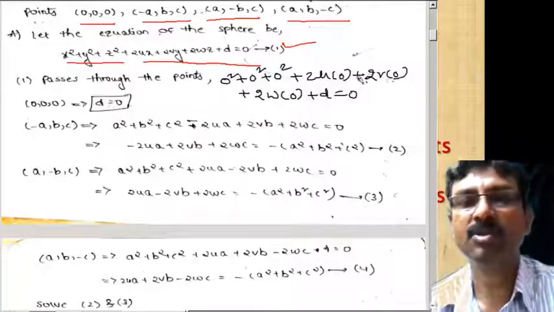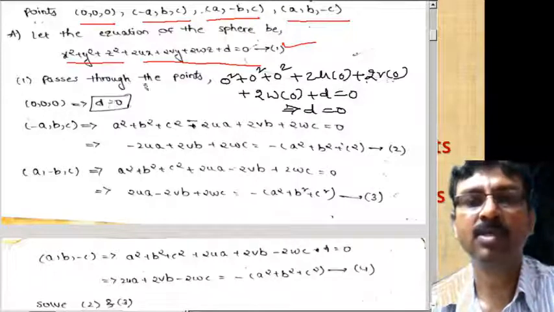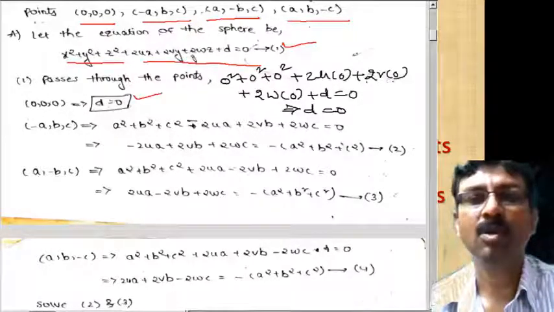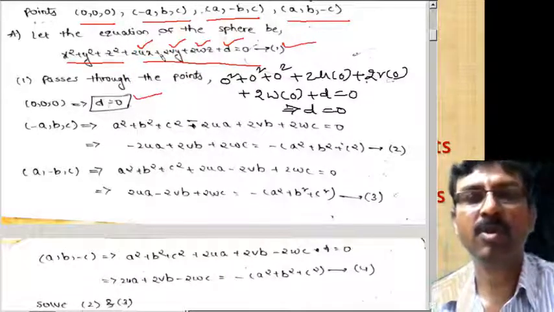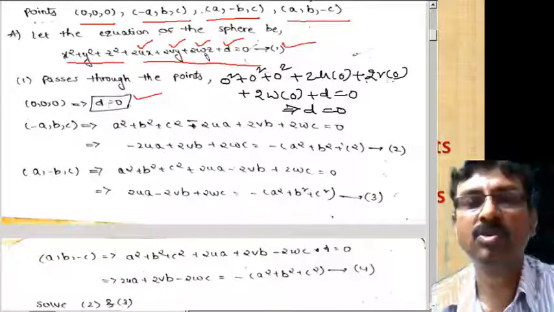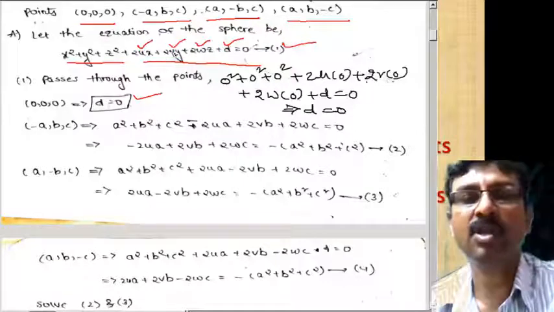So all terms are 0 except d, which implies d equal to 0. In equation 1, there are 4 unknowns: u, v, w and d. The d is 0, so the remaining 3 unknowns are there. Our job is to find the values of these 3 unknowns.